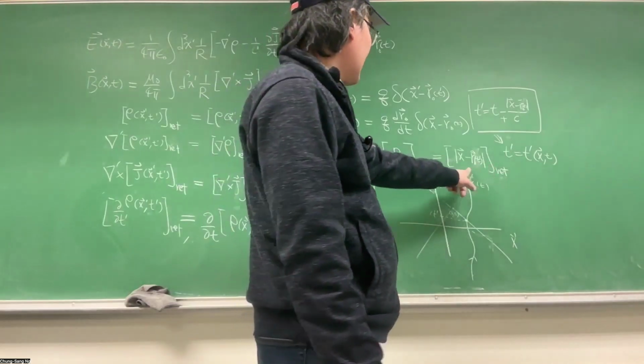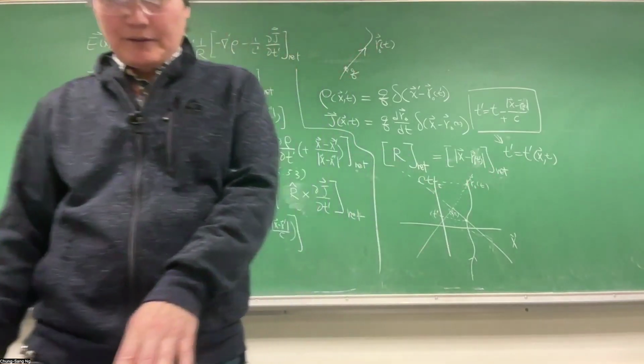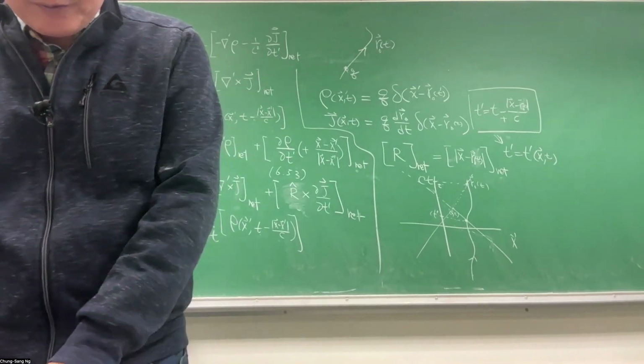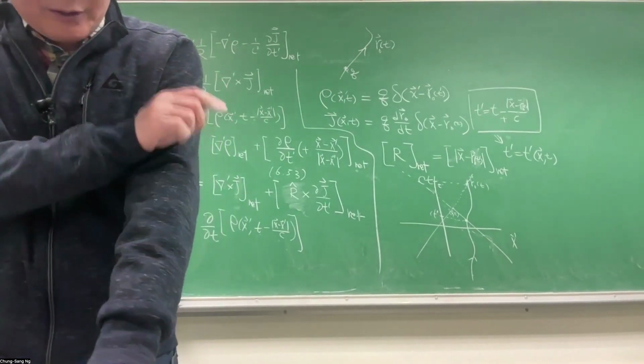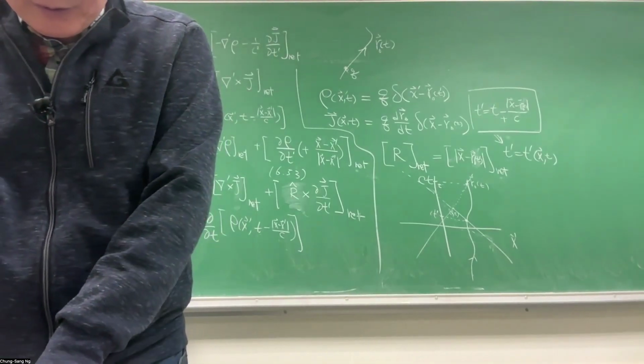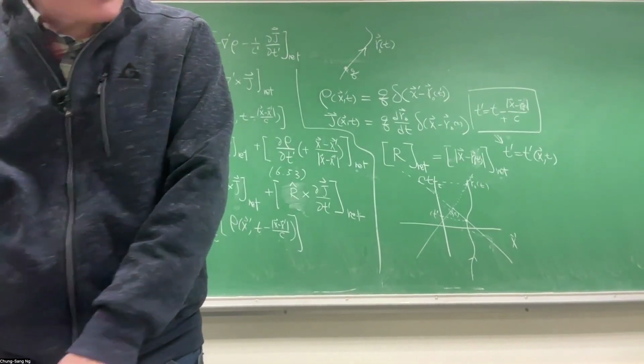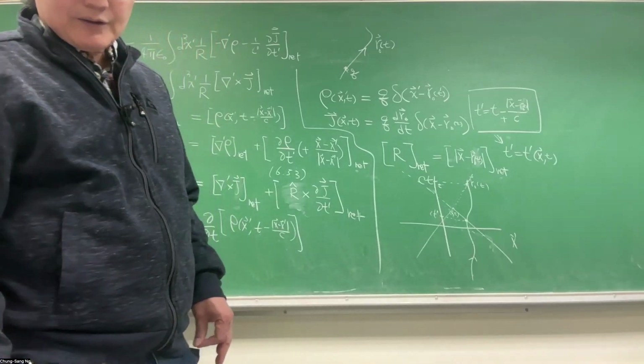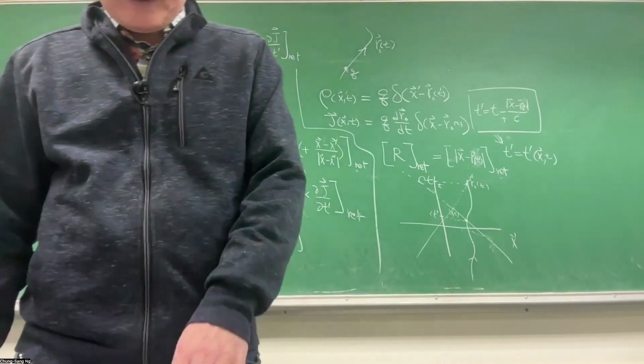Once you have the retarded time, all these brackets in 6.58 and 6.59 are just like that. Wherever you see the trajectory r sub 0 that depends on t prime, that will be evaluated at the retarded time.